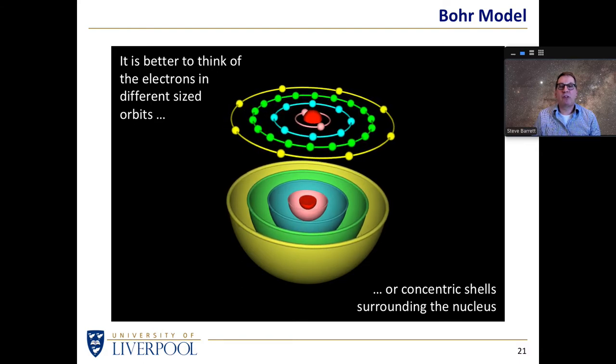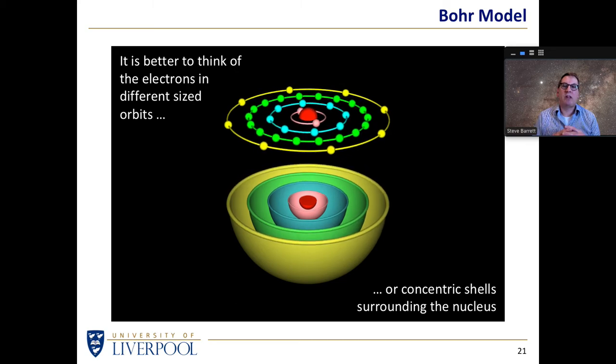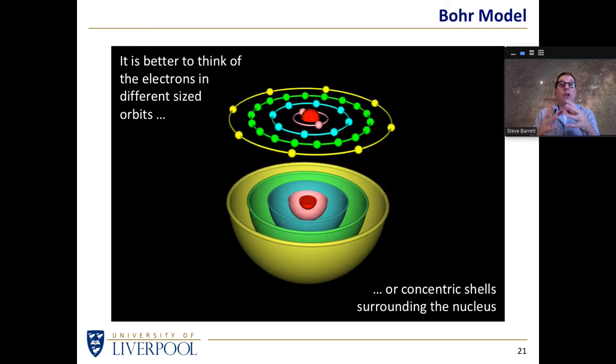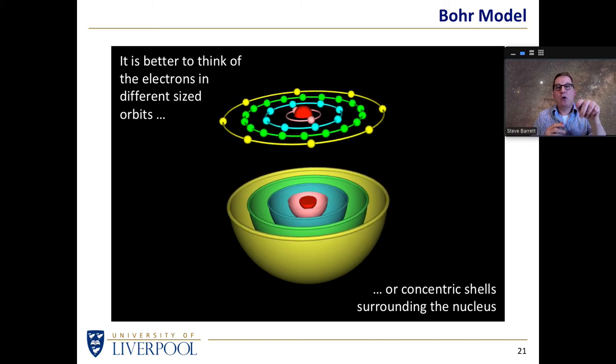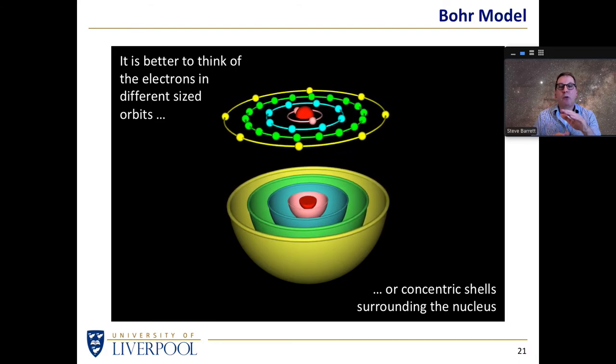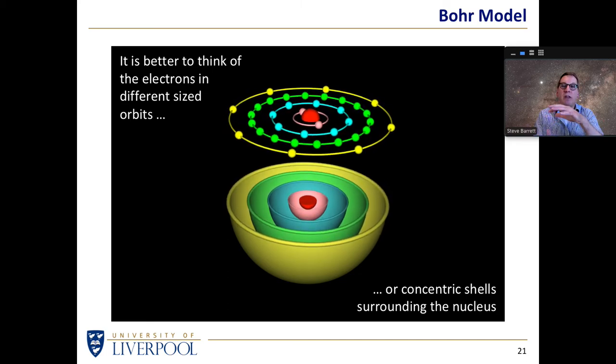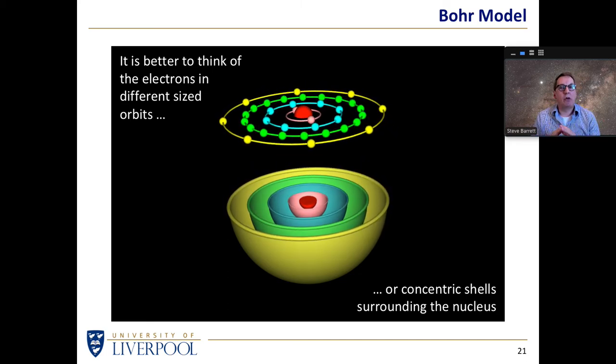So the picture at the top is a sort of pancake view. It's a two-dimensional representation of different electrons, lots of them in this particular case, all buzzing around the central red nucleus. But although that's a two-dimensional representation, we have to remember that actually an atom is a three-dimensional object.